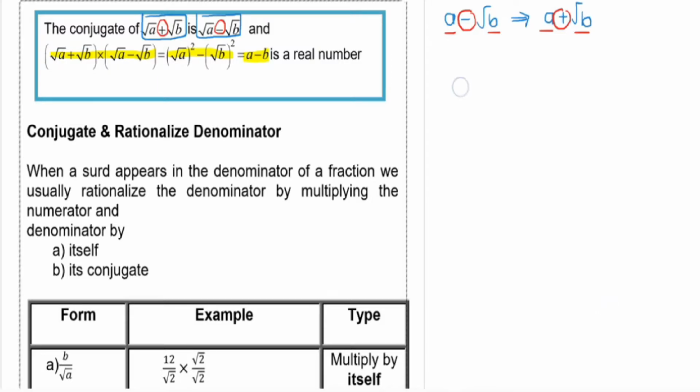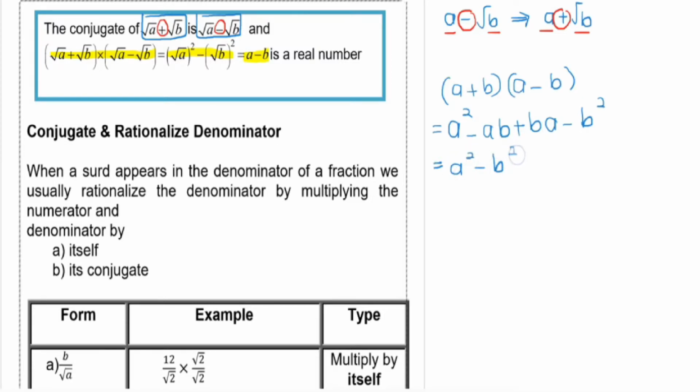If we have A plus B times A minus B, by expanding the bracket, we will get A squared minus AB plus BA minus B squared, and it equals A squared minus B squared because we can simply cancel AB and BA.